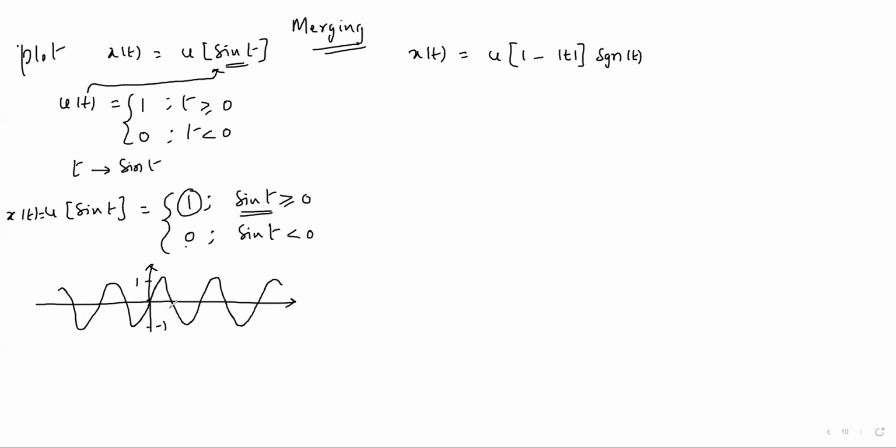Sin pi is 0, sin 2 pi is 0, sin n pi is 0, we know, and it has maximum value at pi by 2. Now we need to plot x of t from the sin t graph.